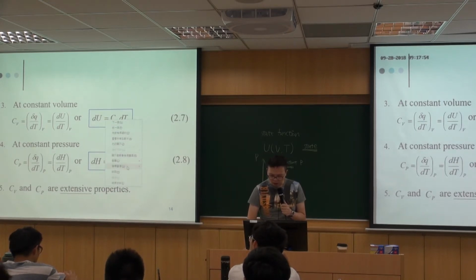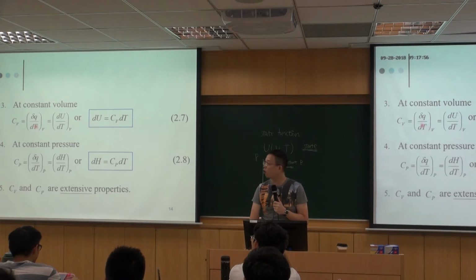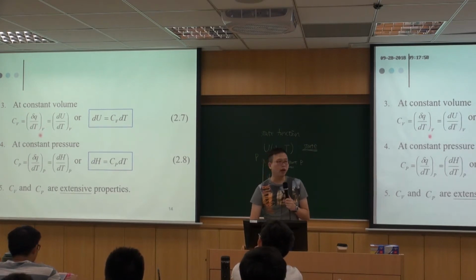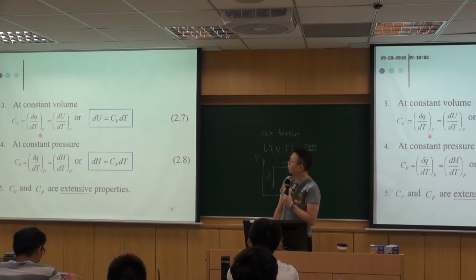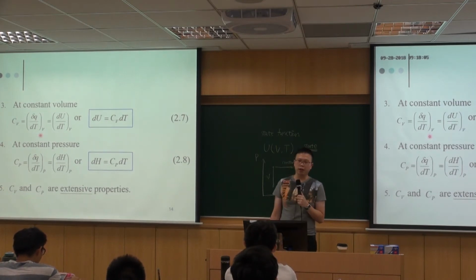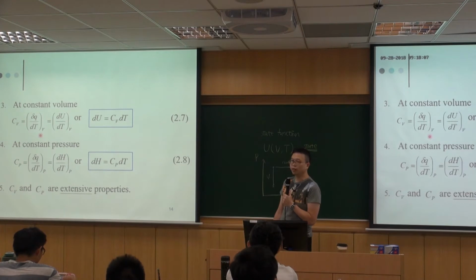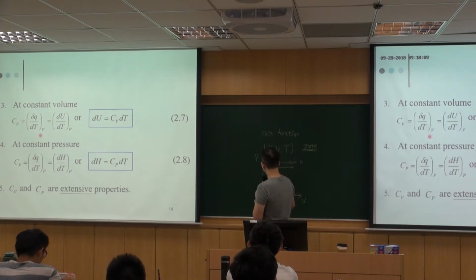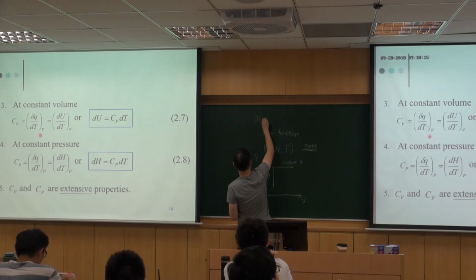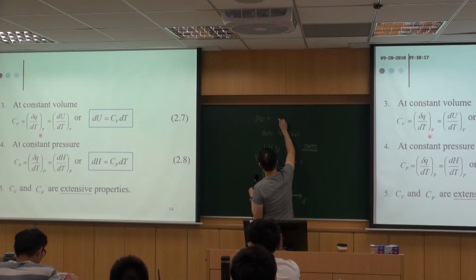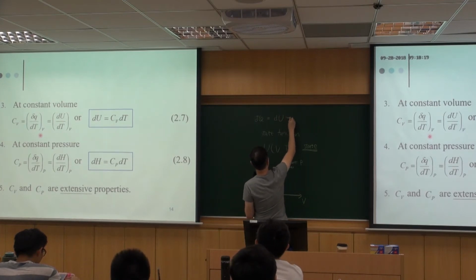Sorry, I have to change this. So we have a V over here, which means that the volume is fixed. And therefore, if the volume is fixed, there's no PdV term. So we have to go back to the first law, which tells us that, so there are several ways to write it. This is just the notation that I like.